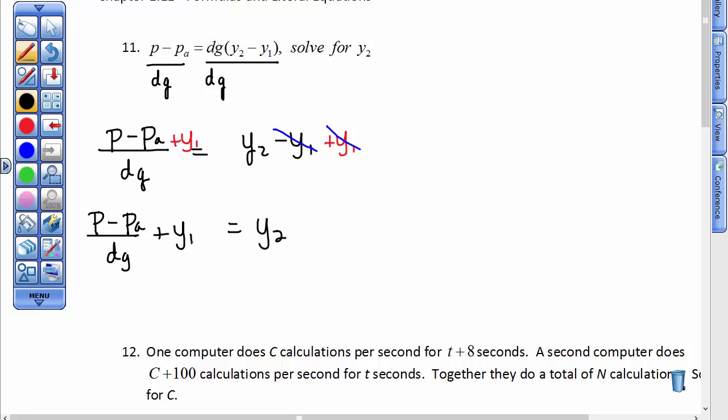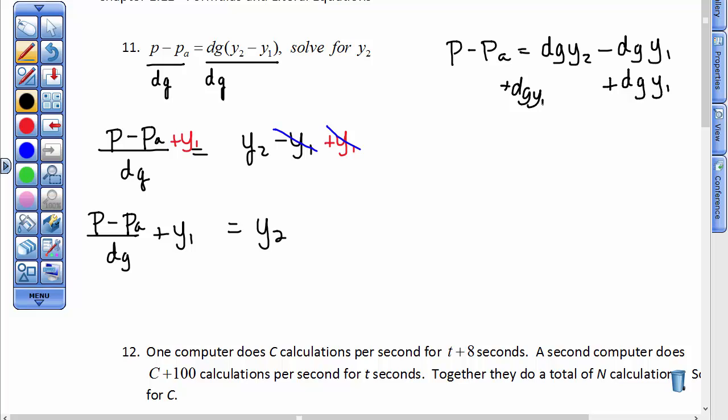And again, it could be done by doing this problem a little bit longer, and that would be to distribute the dg times the y2 and the dg times the y1. And then you want to get y sub 2 alone, so you've got to add dg y sub 1 to both sides. I've been doing this in color some.